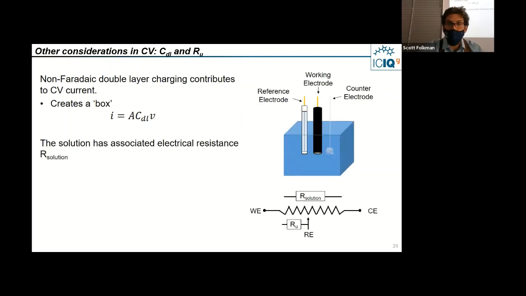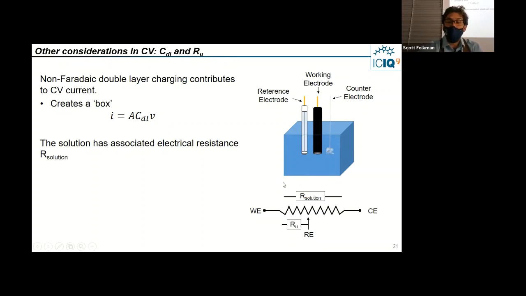Now the solution resistance is important because all of us will experience it to some degree. If we're in aqueous solutions, it's typically small, maybe 8 ohms, maybe 3 ohms or something like that. But if you are in non-aqueous solutions, it might be quite high, and it's something that needs to be considered.